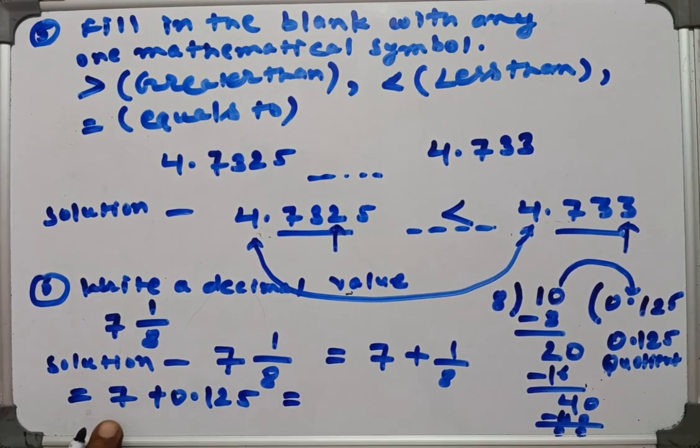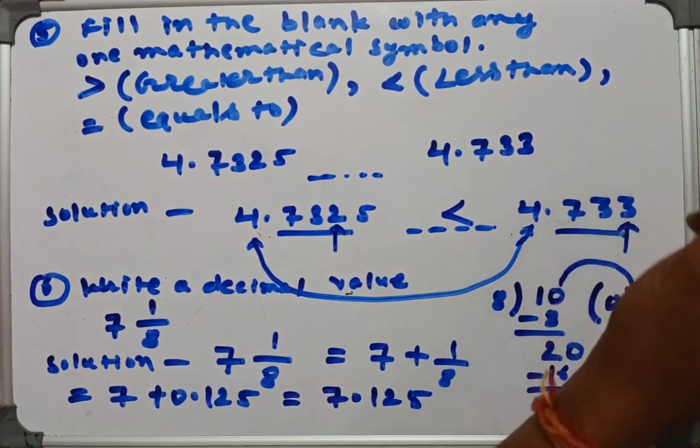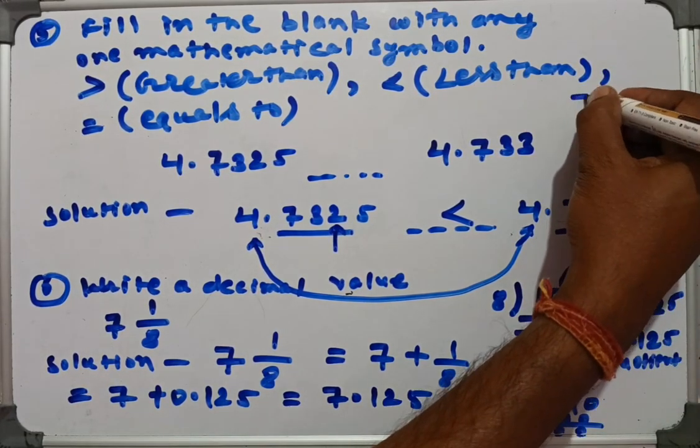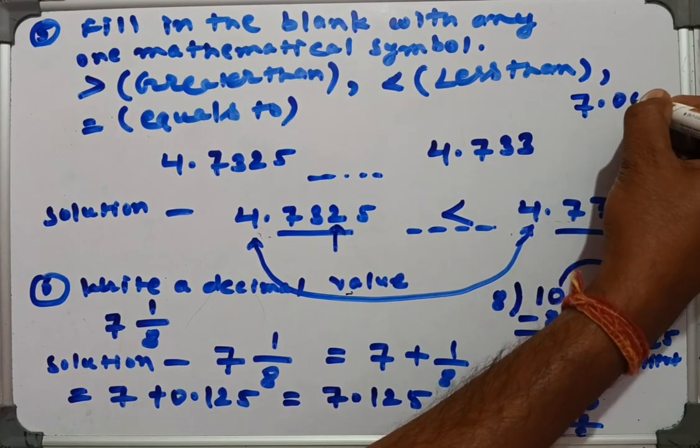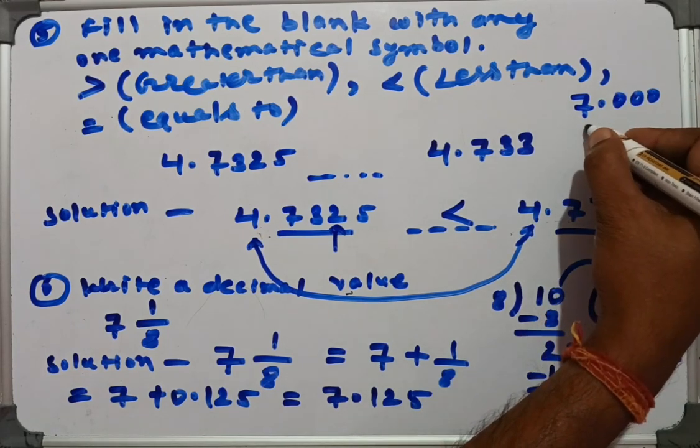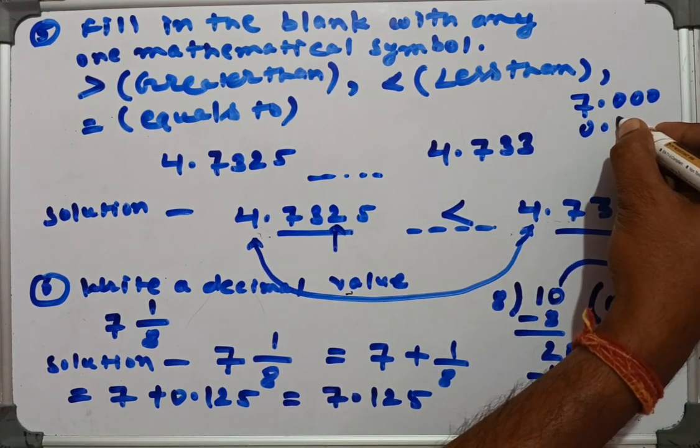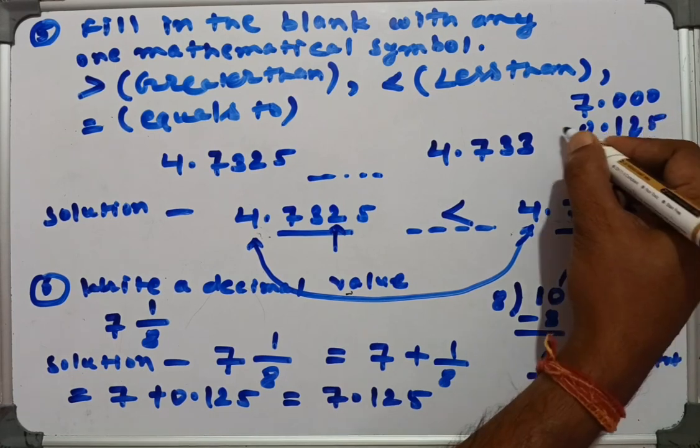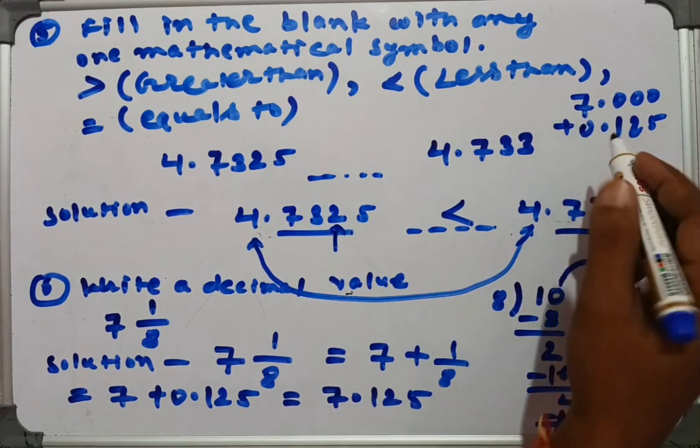This has a whole number and this one has only a decimal part, so just write down 7.125. Okay guys, or you can make the solution like this also: 7.000, then 0.125, then make addition.